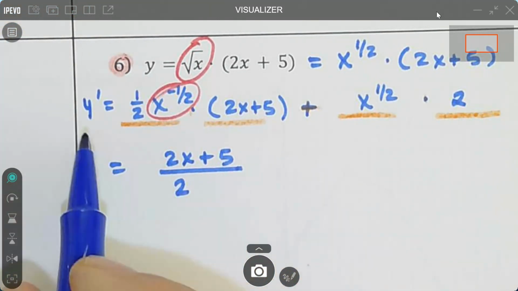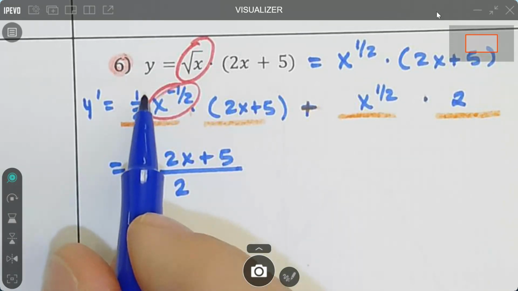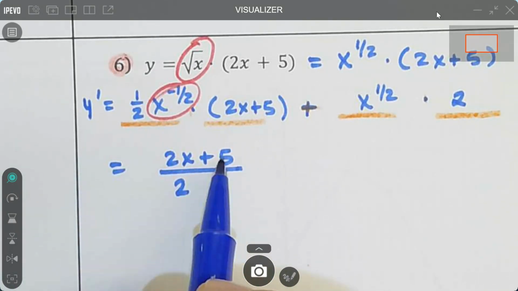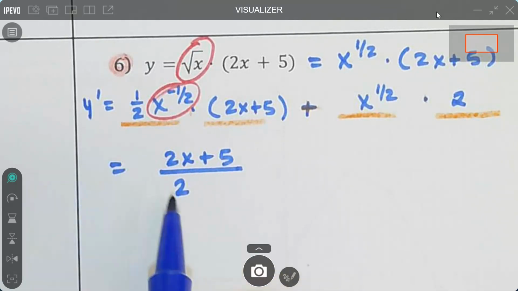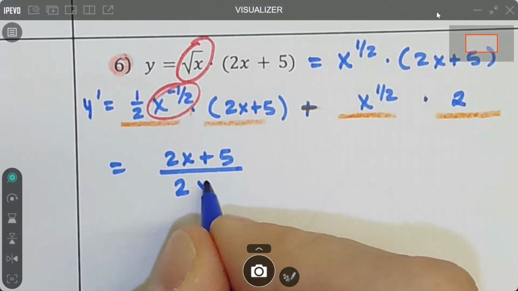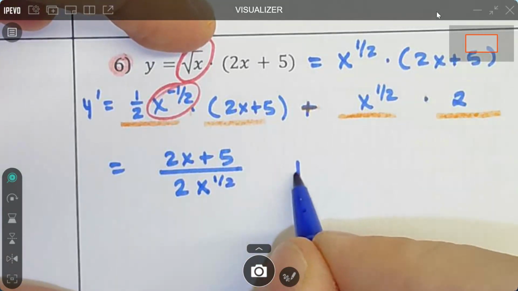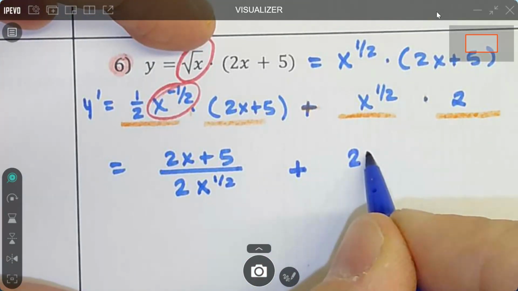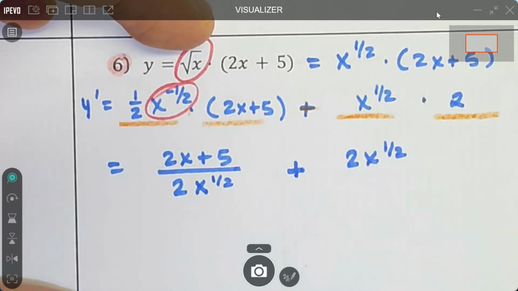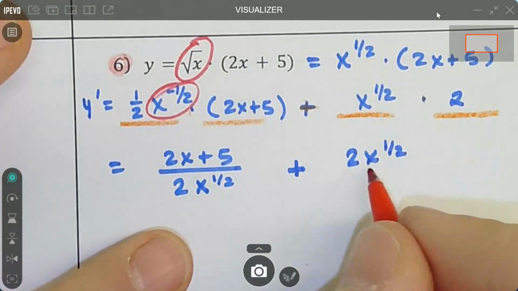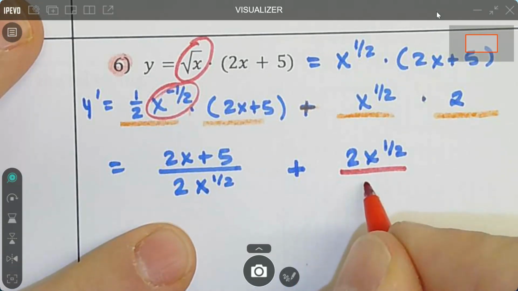Now this 2 right here is from the 1/2. Right, that 1/2 is 1 in the numerator, which multiplies this and doesn't change the value. And then 2 in the denominator, x to the positive half power. Plus, over here we have 2x to the half. So that's your derivative.